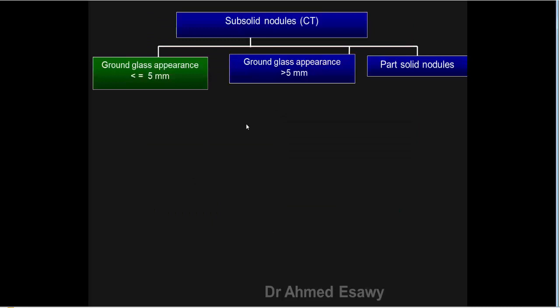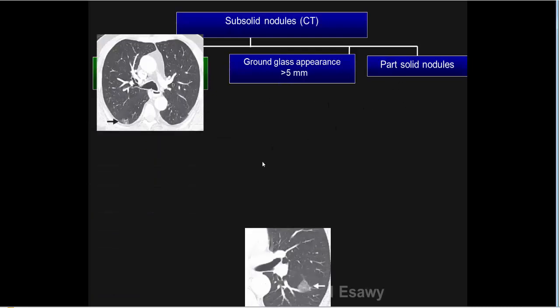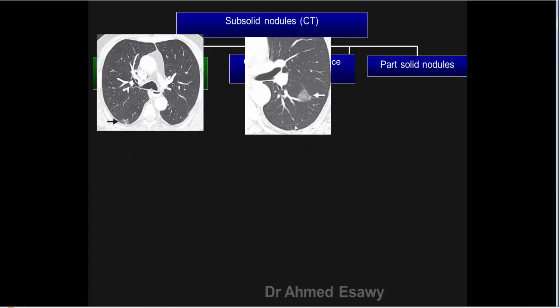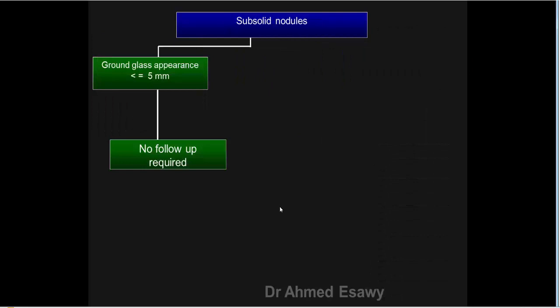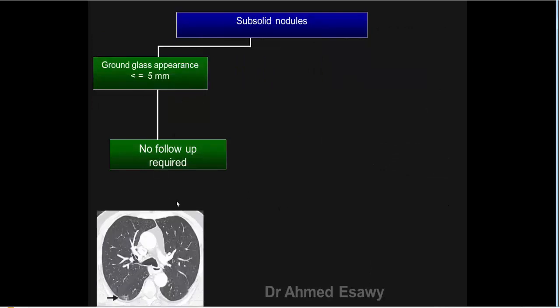Subsolid nodules, with ground glass appearance. Algorithm of subsolid nodule: ground glass less than or equal to 5 mm, ground glass more than 5 mm, or partly solid nodule. Ground glass less than or equal to 5 mm: no follow-up required.